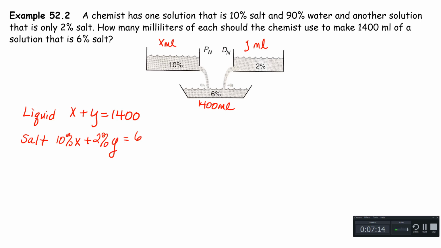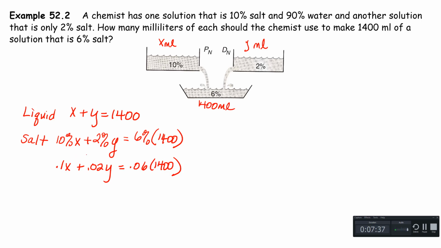And then 6% of the 1,400 milliliters we end up with is supposed to be salt. We're going to rewrite that salt equation: 10% is 0.1 X, 2% is 0.02 Y, and 6% is 0.06 times 1,400.